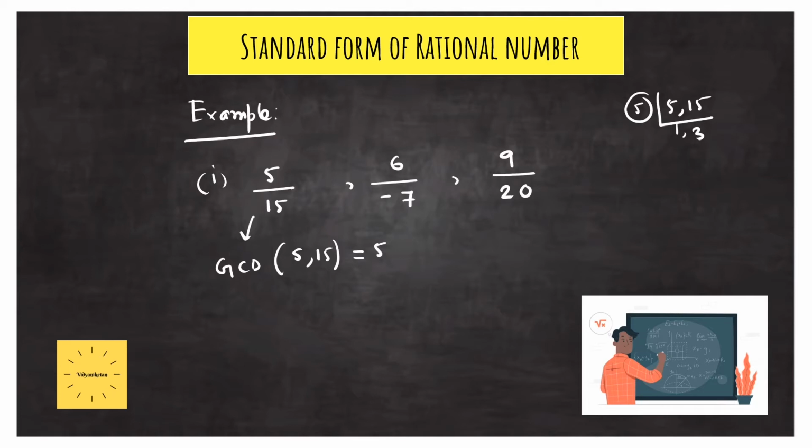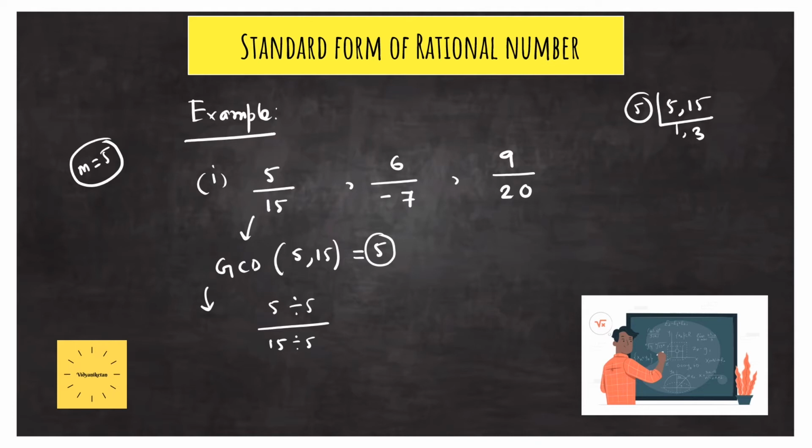So to take it to standard form, we can simplify that. If we simplify using the GCD, then we have 5 divided by 5 over 15 divided by 5. In the previous video we have discussed the division property of rational number, that if m equals 5, then it must be a divisor of the denominator as well as the numerator.